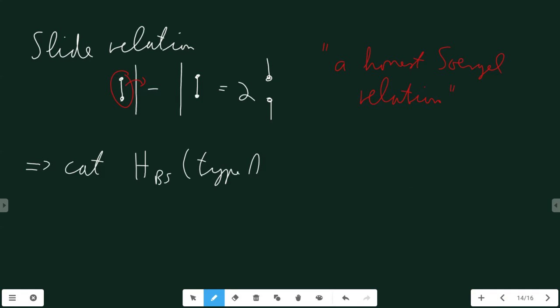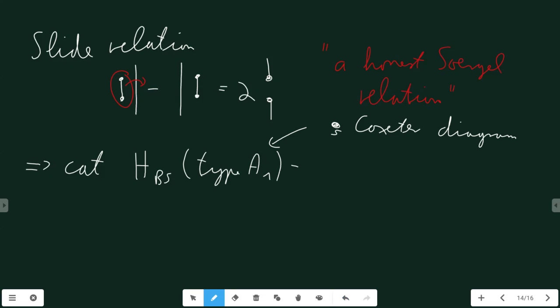Type A1 just means one color. This was this Coxeter diagram.